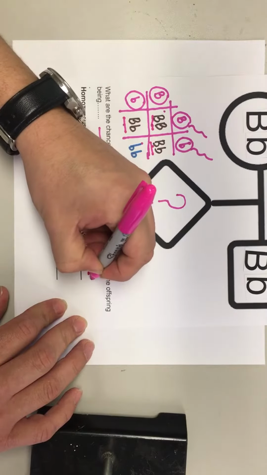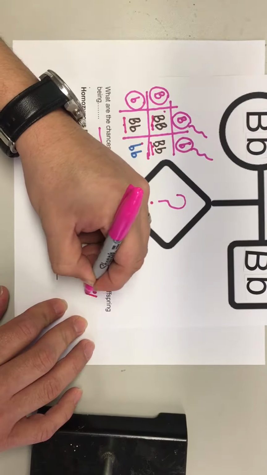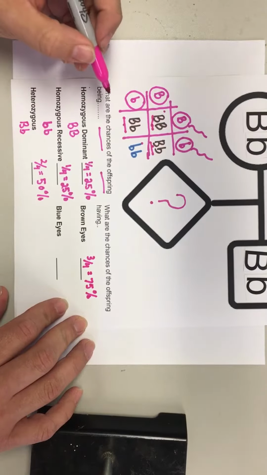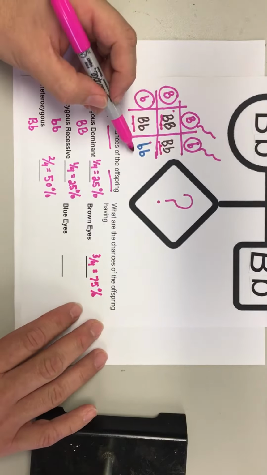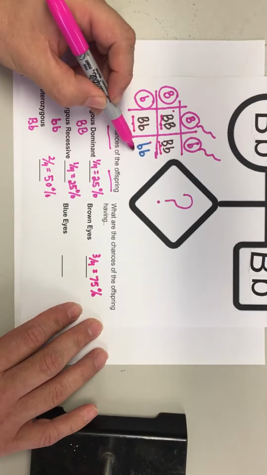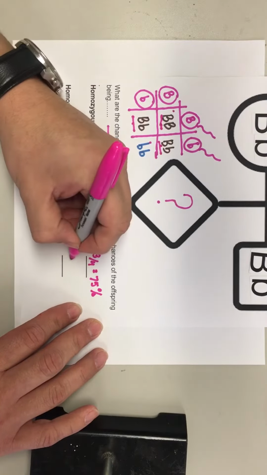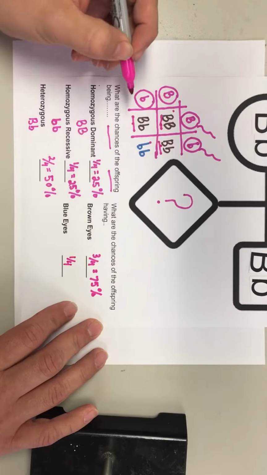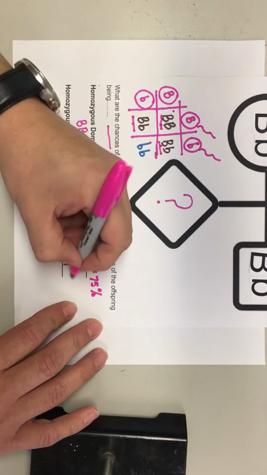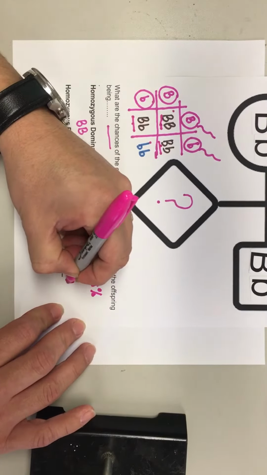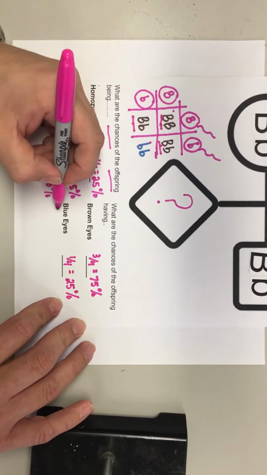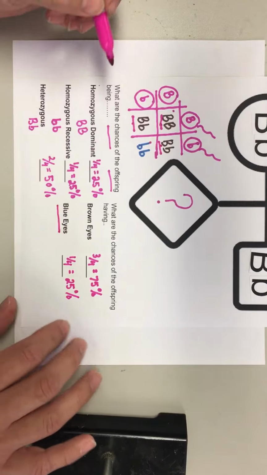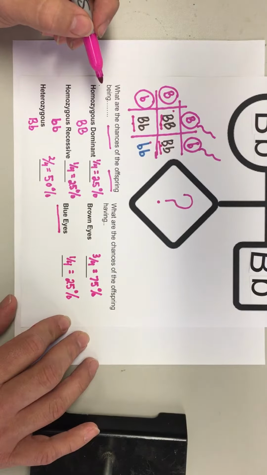Therefore, there is a 75% chance of the child being born with brown eyes. And little b, that is 1 of 4 chances. Therefore, there's a 25% chance of the child being born with blue eyes.